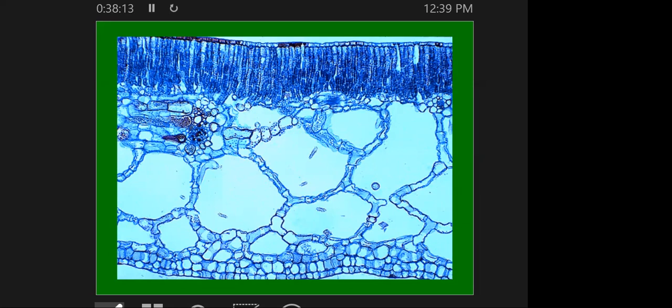So if you cut this leaf in half, does what's above look like what's below? No. Here you have a bunch of palisade cells up here. You don't have any of those down here.